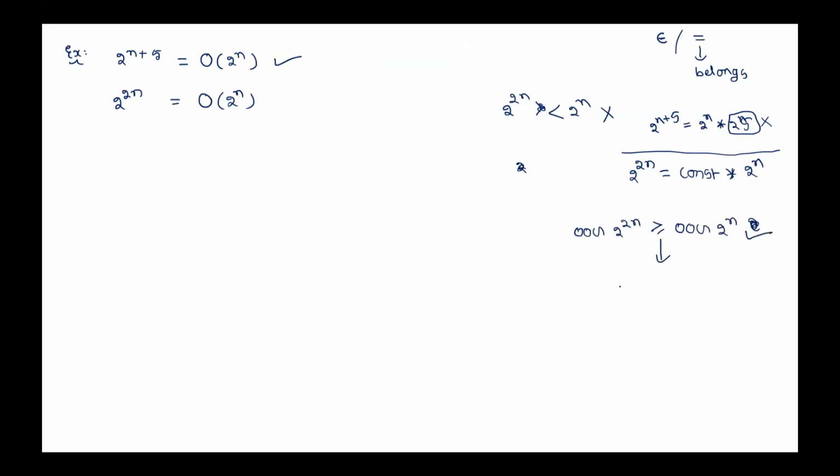When does it become equal? If at all it is possible to write 2 power 2n as some constant into 2 power n. Is it possible to write like this?